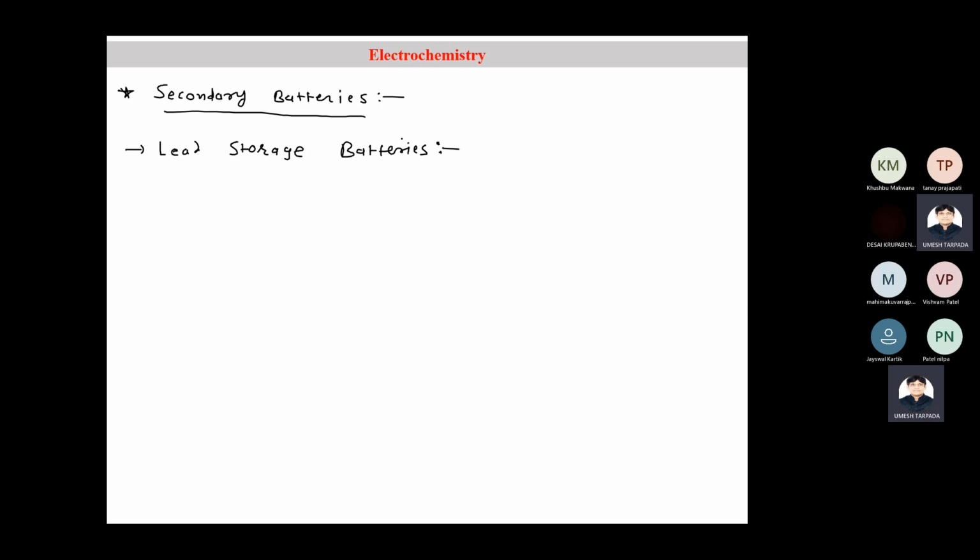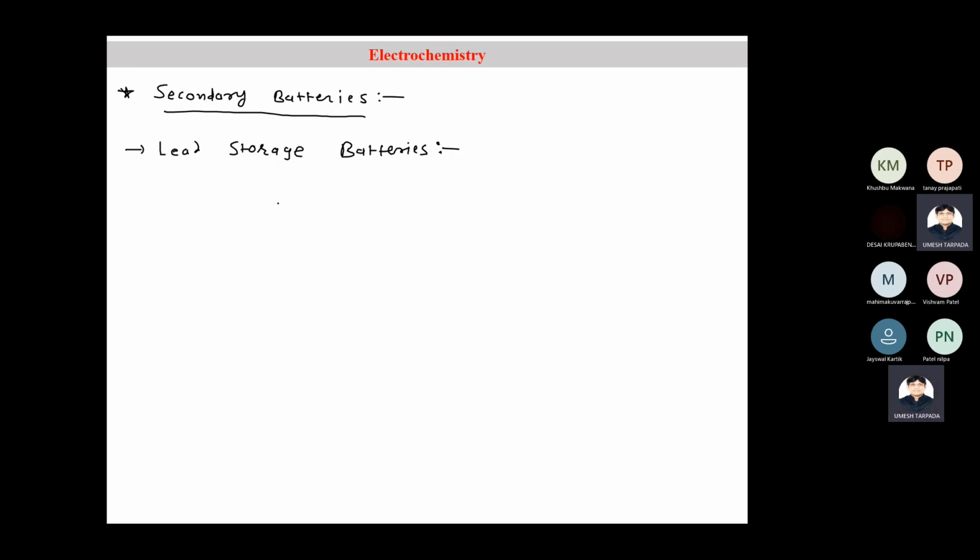Here anode and cathode are taken in the same assembly, and therefore it is called an electrolytic cell. An electrochemical cell converts chemical energy into electrical energy, but an electrolytic cell converts electrical energy into chemical energy. So this is the difference between these two.